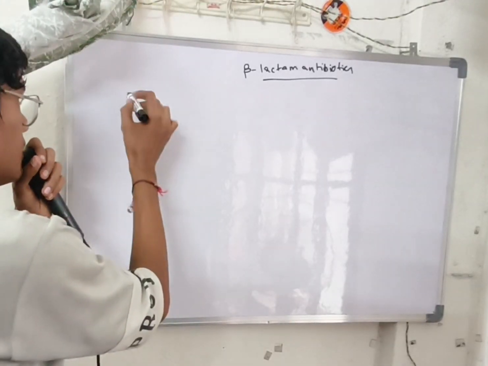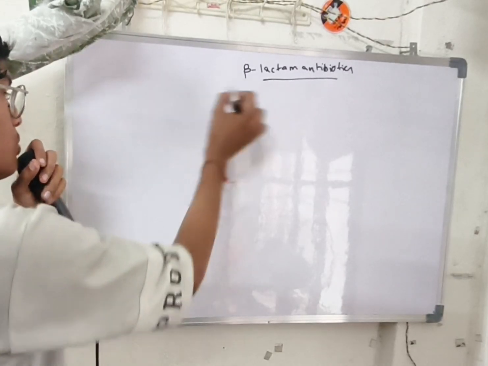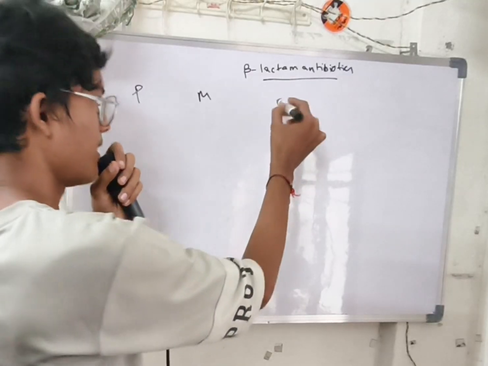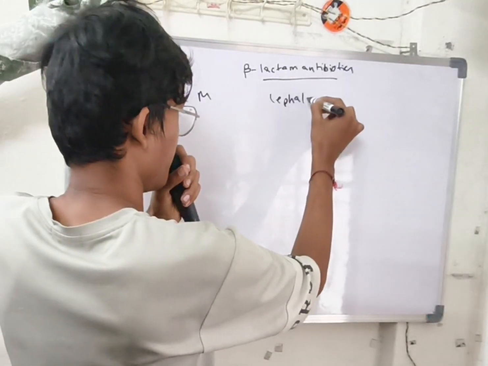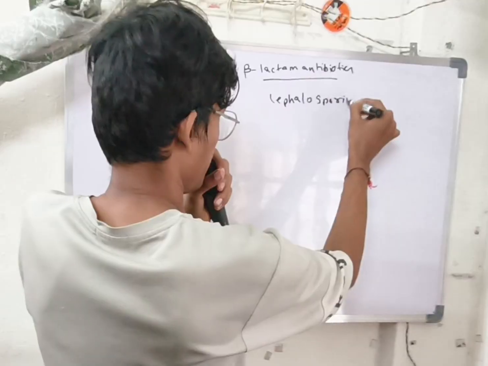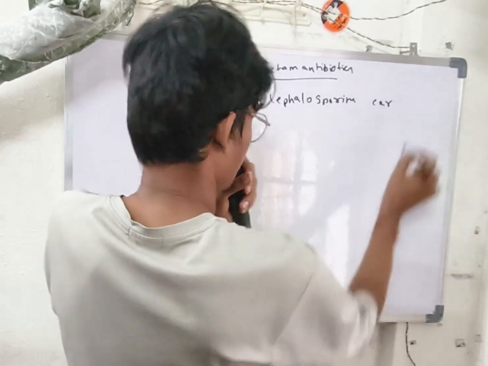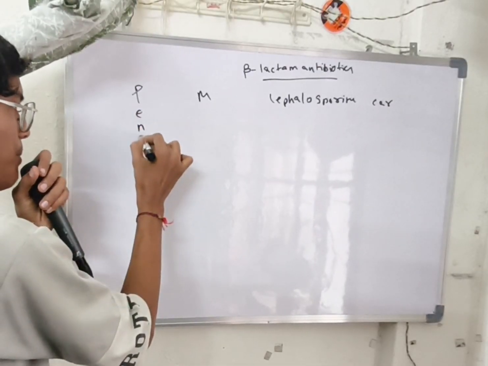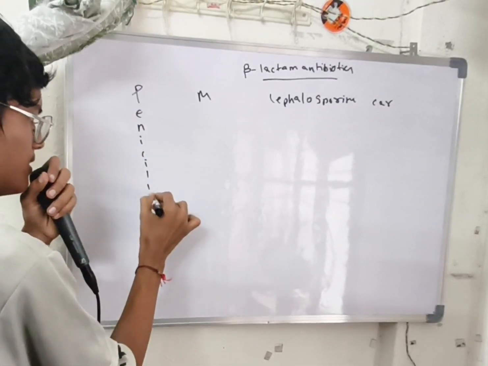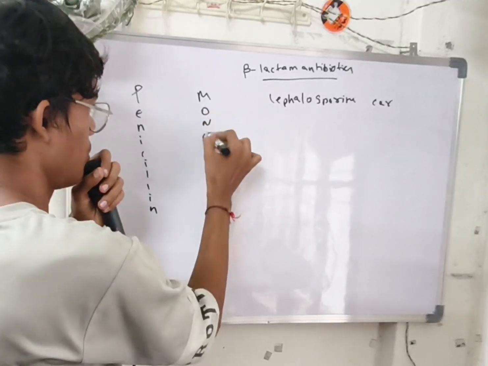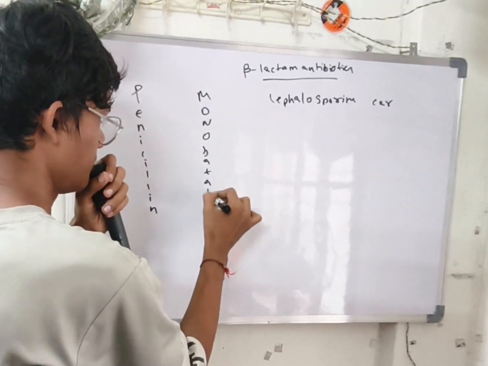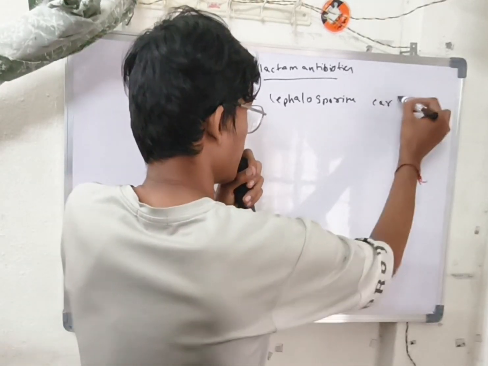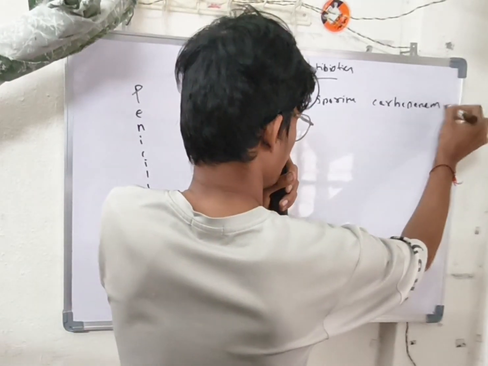First we have an initial code to know about the subclasses: PM Sir Ka cephalosporin car. I will tell the abbreviations also. P is penicillin, M is monobactam, this is cephalosporin itself, and car is for carbapenem.